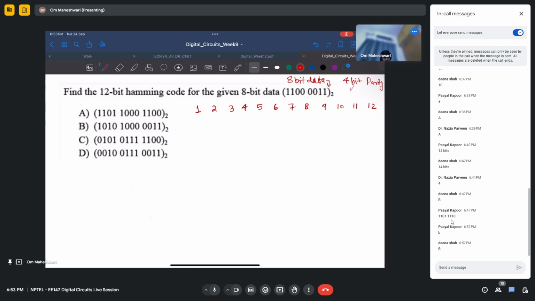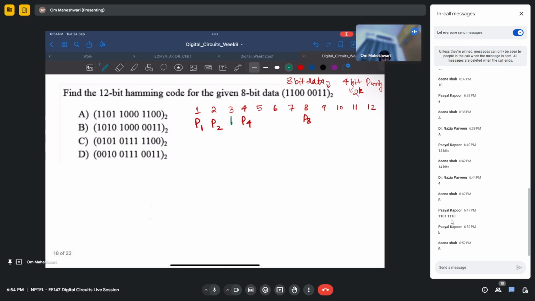These 4 bits come at 2 to the power positions. So you will have, let's say, P1 here, P2 here, P4, and P8. So if you remember the videos, you would know this. And here you will directly write the remaining bits of the data.